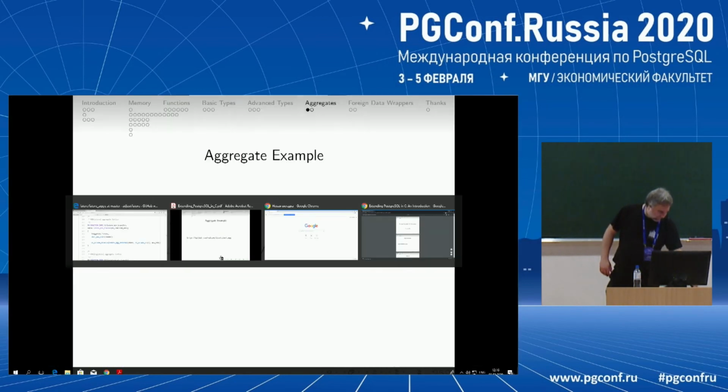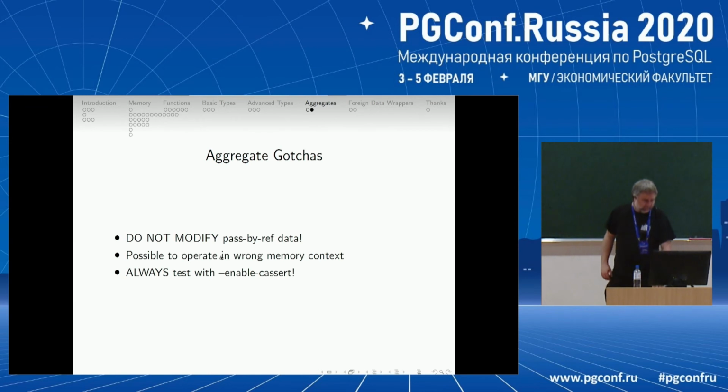So back to the major gotchas. In general, you do not want to modify pass-by-reference data that's outside of the aggregate memory context, because if you do, you could be modifying something that is somewhere else, gets changed out from under you, and you get garbage. It is very possible to operate in the wrong memory context by accident.